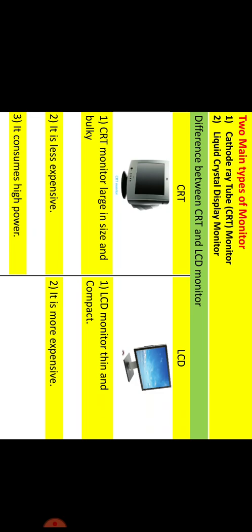Now third, CRT monitor consumes high power. Consumes means it uses. CRT monitor uses high electricity, high power, that is called consume. It requires high electricity.